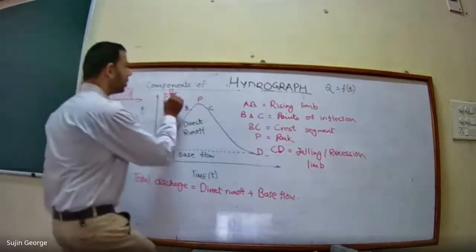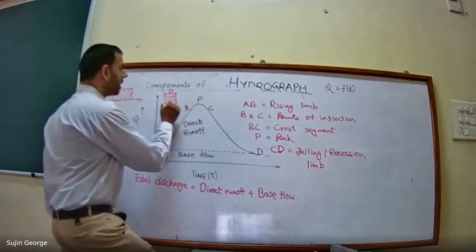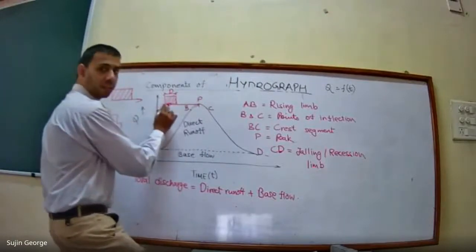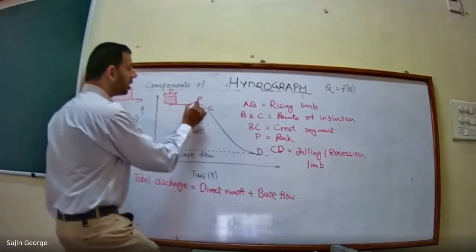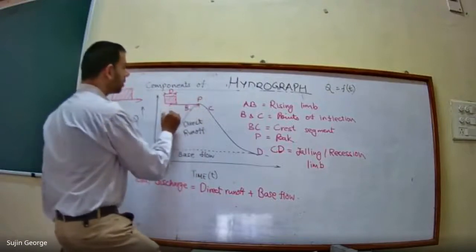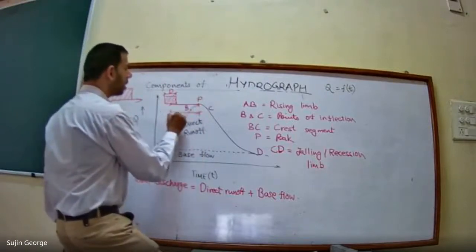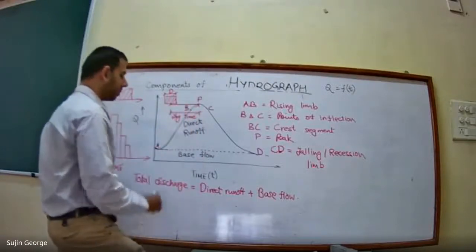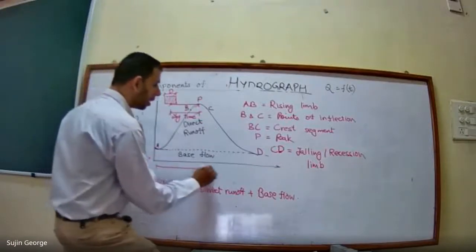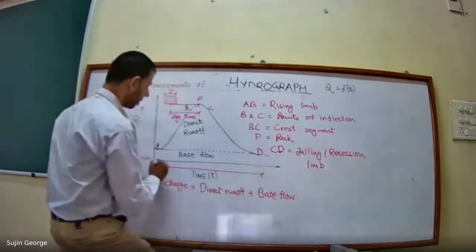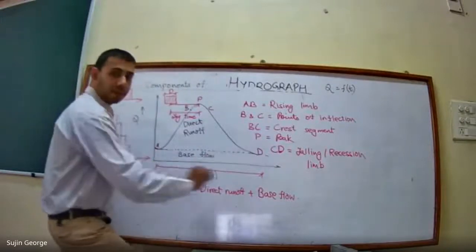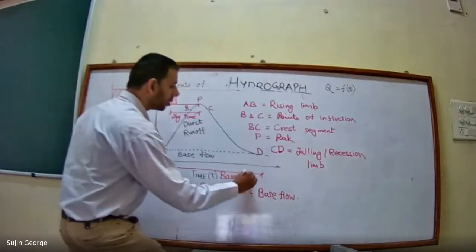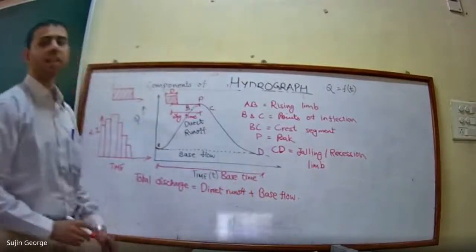The length from the center of the rainfall to the peak of the hydrograph is known as the lag time. And from point A to point D, this length is called the base time.